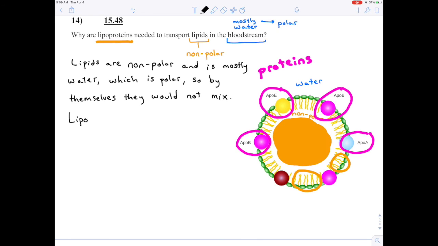Lipoproteins, the structure that we have on the right, that has phospholipids in a row protecting the lipids in the center, and proteins on the outside, lipoproteins, lipids and proteins together, allow the lipids in your blood to mix as lipids are transported through the bloodstream.